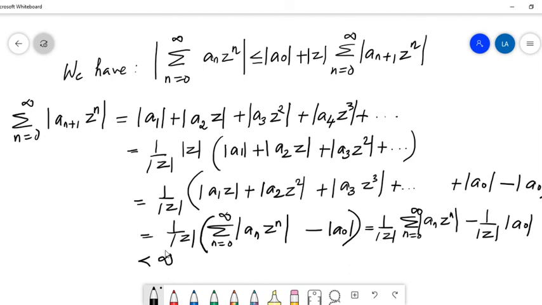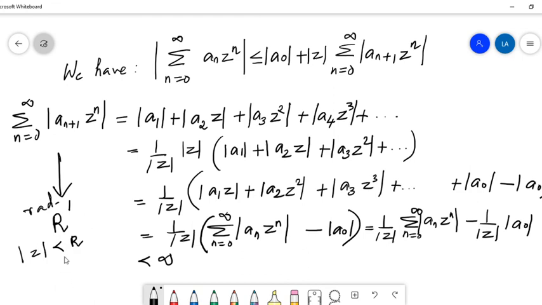And you know that the radius of convergence of this series is R dash. We had assumed all these in modulus of z strictly less than R. But the radius of convergence is the largest possible real number in which the convergence happens.